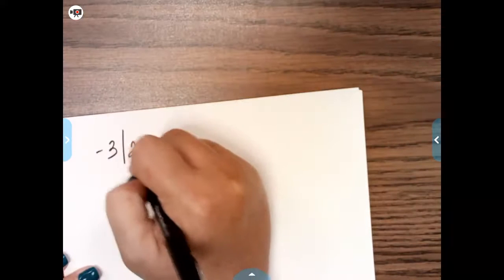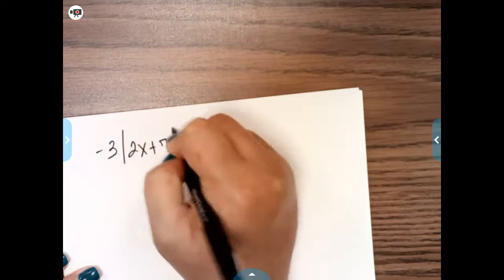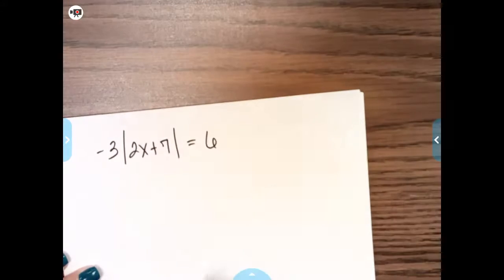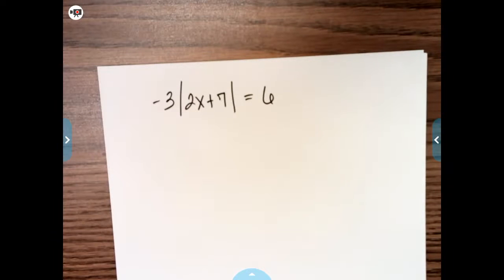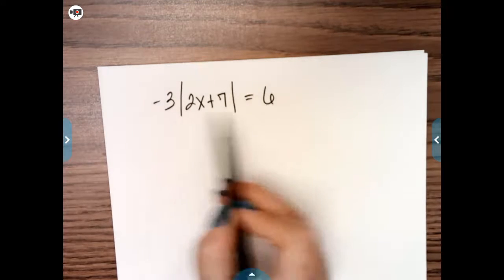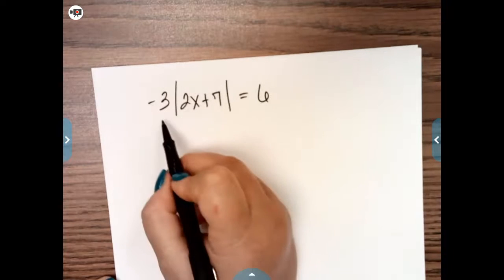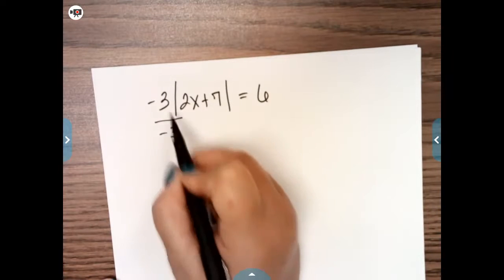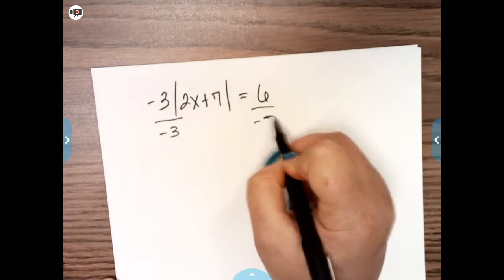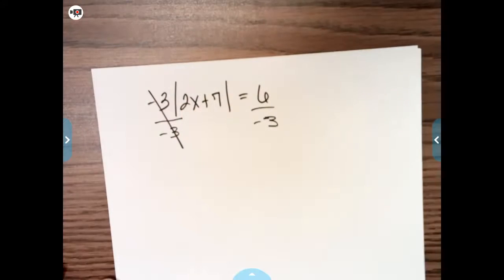This time, we're going to look at when you can get a no solution. So remember, the first thing you have to check is, is my absolute value isolated? This one is not. We've got to isolate it. So we're going to divide. That's a coefficient, or that's multiplied, however you want to look at it. You've got to divide by it.